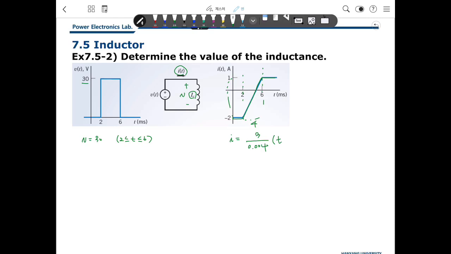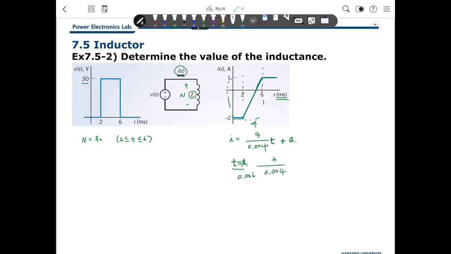And the current is 3t plus a. Then when t is 6, it's actually not 6, this is a millisecond here, so it is 0.006.